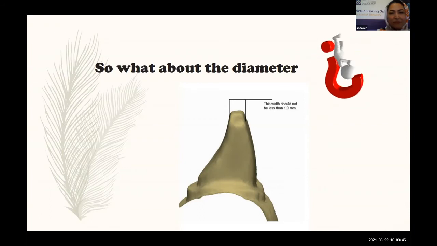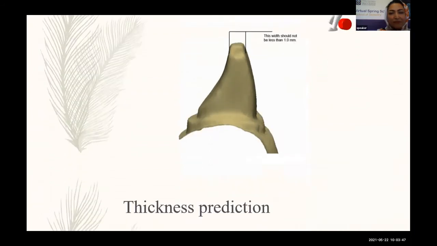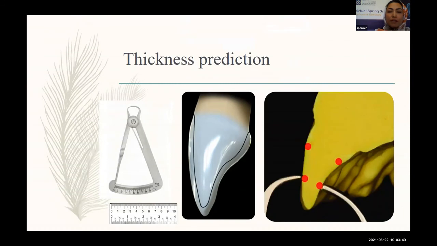To predict the thickness of the anterior teeth before preparation, we can measure the facial-lingual thickness of the teeth at the junction of the middle and incisal thirds.